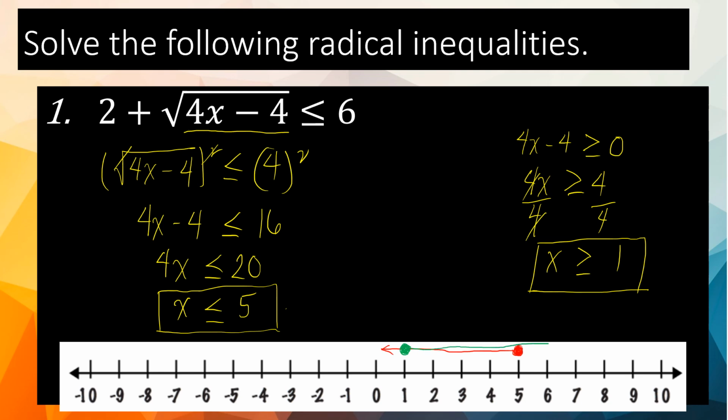Now, for us to find your final answer, again, find the overlapping parts of your inequalities. And by looking at it, they overlap on this area. So when we write the final answer, we have learned already how to write compound inequalities. So let's write a compound inequality equivalent to this graph.